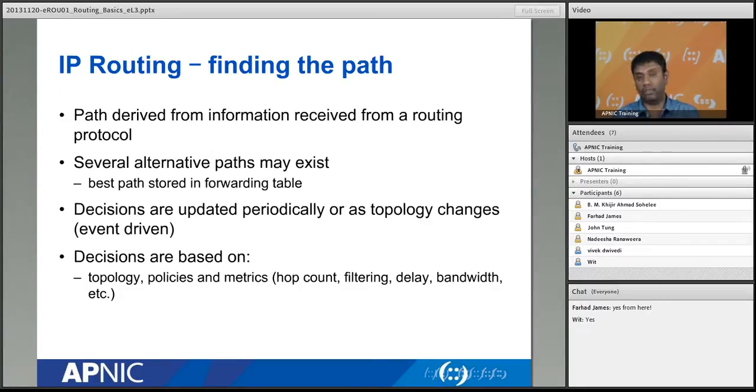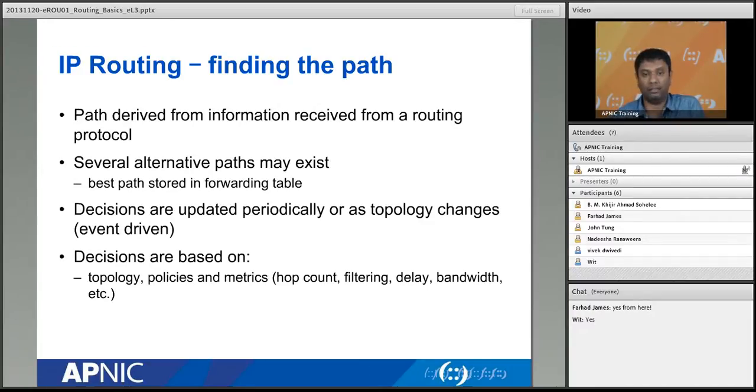But if a router learns more than one path based on the connectivity topology, the router's job is to find the best path. To select the best path, the router needs to look into a number of factors. If the router has more than one path to the same destination, we consider them using a metric. As a metric, the router can use a number of options.